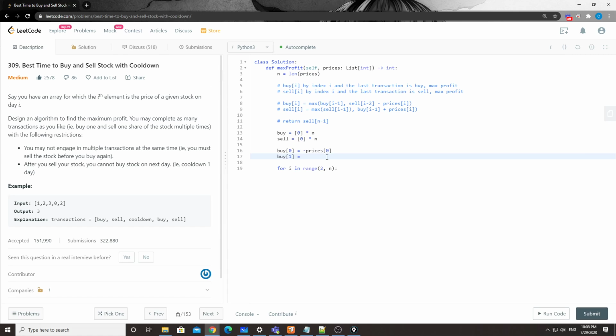So the max of them is the minimum of prices[0] and prices[1], negated.